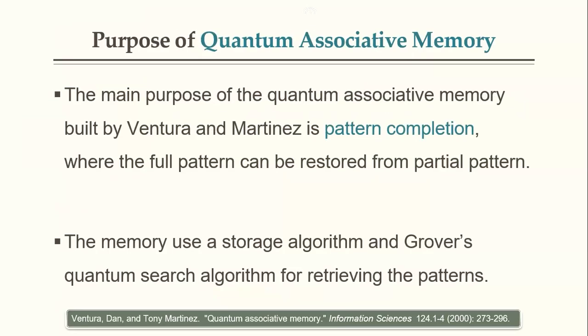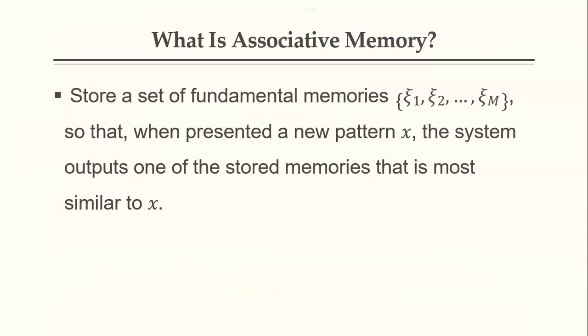Why are we using this quantum associative memory? The main purpose of this quantum associative memory, built by Ventura and Martinez, is pattern completion, where the full pattern can be restored from a partial pattern.